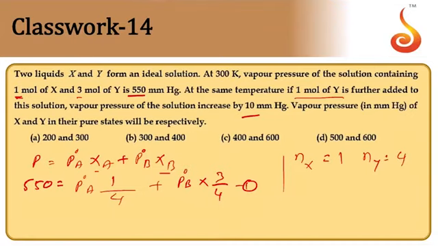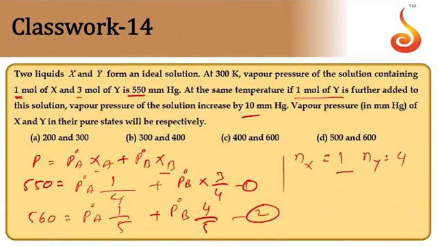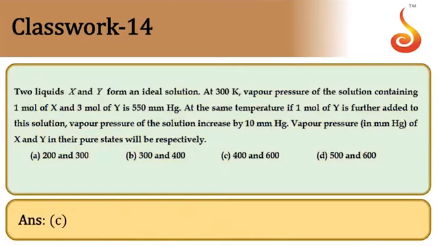So the new pressure is equal to 560 then. 560 is equal to P0 A into mole fraction of X, 1 by 5, plus P0 of B into 4 by 5, equation number 2. So we need to solve equations 1 and 2 to get the values of P0 A and P0 B. On simplification we get the values as 400 and 600. So the answers are 400 and 600. That is option C.